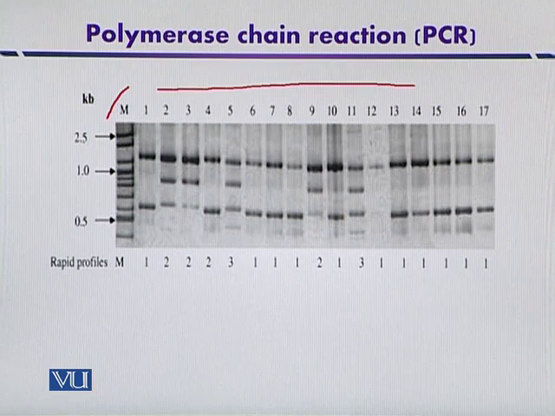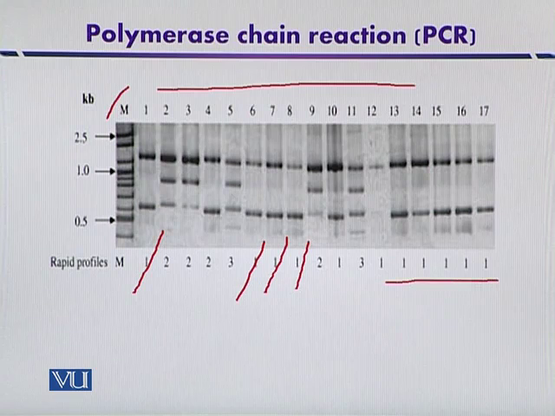For example, at the lower side of the gel, the number 1 pattern is the same in most of the cases. It indicates that mainly 2 bands are detected, here and here, and on the left side here and here. So mainly 2 bands are separated on the gel, and we can say that these belong to the same species.